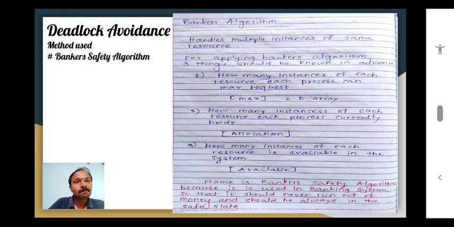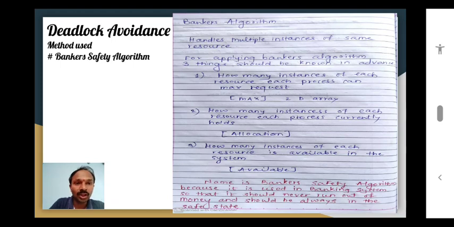What are they? First, how many instances of each resource each process can maximum request. We take here one array known as the max array, which is a two-dimensional array. The second requirement is how many instances of each resource each process currently holds.